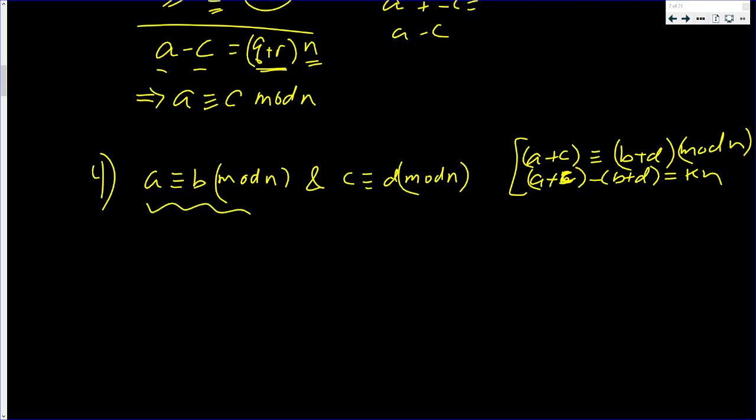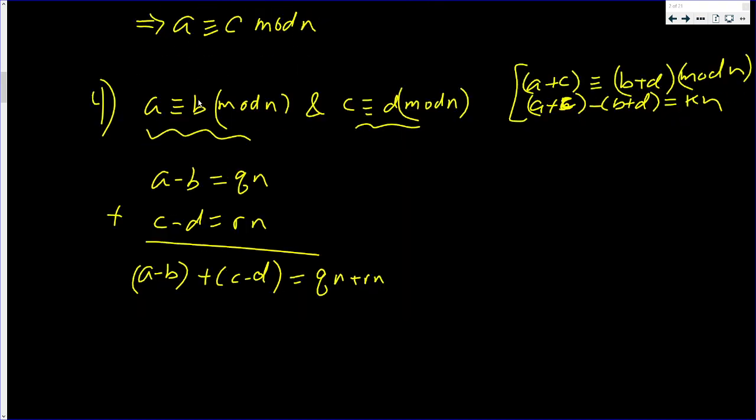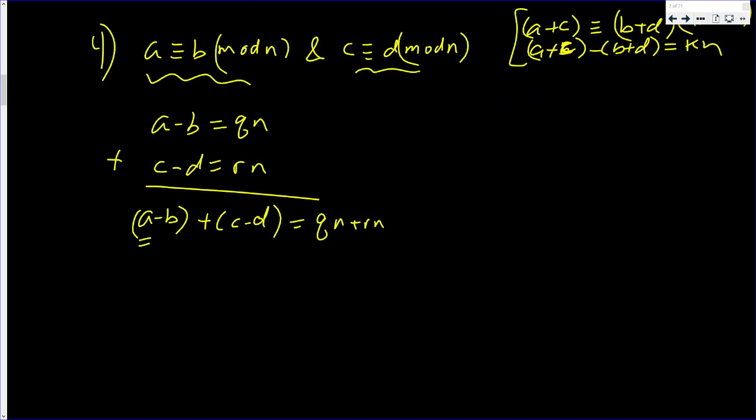This tells me that a minus b is qn, and this tells me that c minus d is rn, and if I add these, I'll get a minus b plus c minus d is going to be qn plus rn.